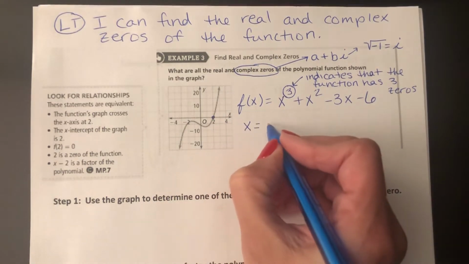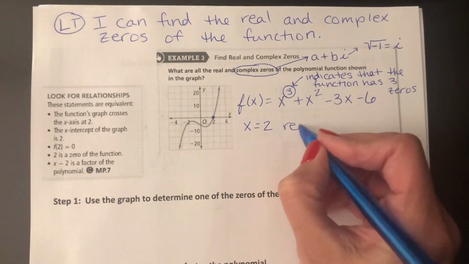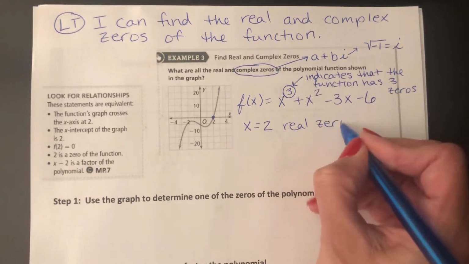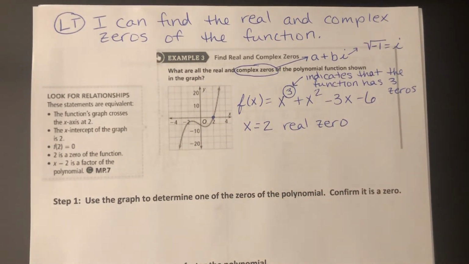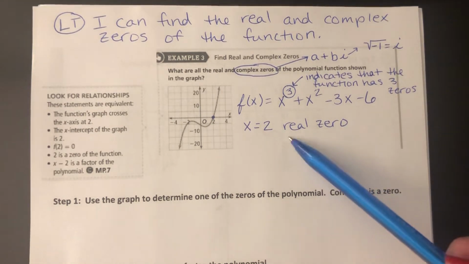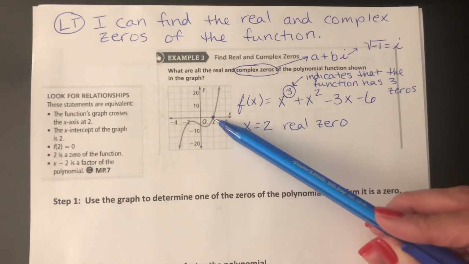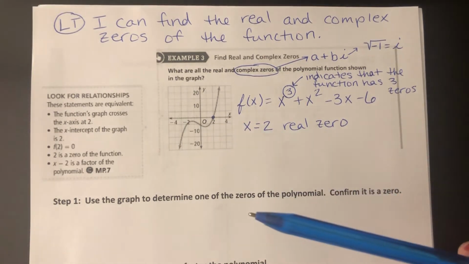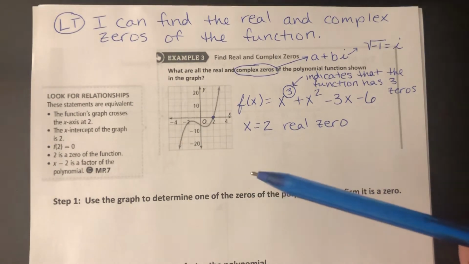X equals 2 would be our real zero. But this polynomial can have other imaginary or complex zeros, so we need to find those as well. So we're going to start with our real zero of 2 and then use synthetic division to find the rest of the zeros.